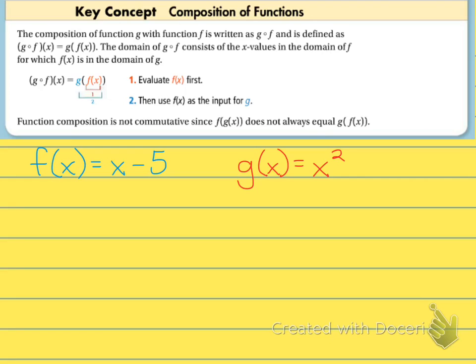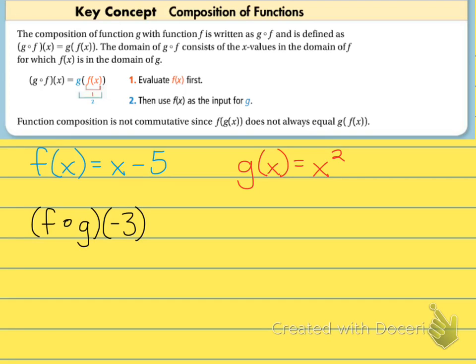Let's say that we have two functions, f of x is x minus 5, and g of x is x squared. Then let's say we wanted to find f of g of negative 3. Really, that's the exact same thing as saying that, because the g of x comes second, that's the one I'm going to evaluate first.